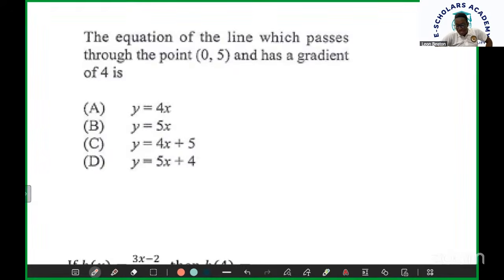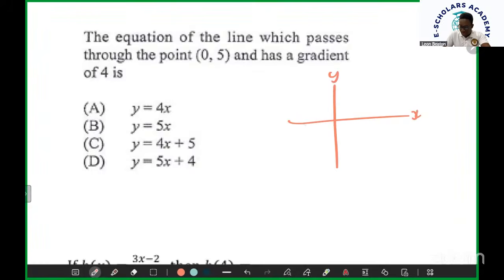The equation of the line which passes through the point (0, 5) and has a gradient of 4 is... This is a nice and easy question, no need to do any big fancy work. This is x, this is y.